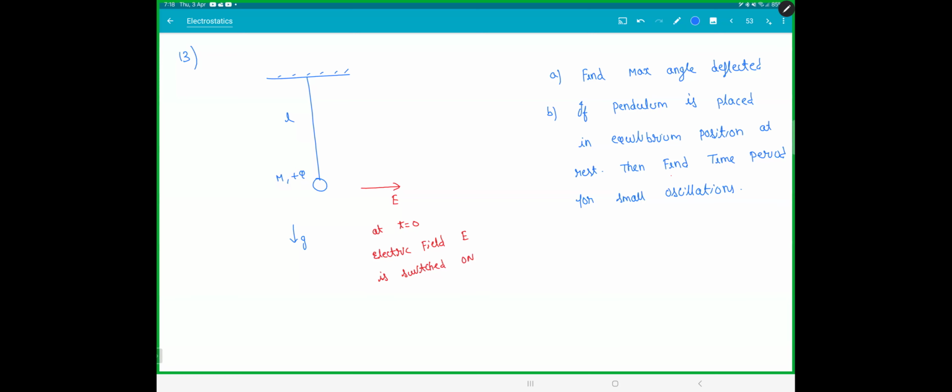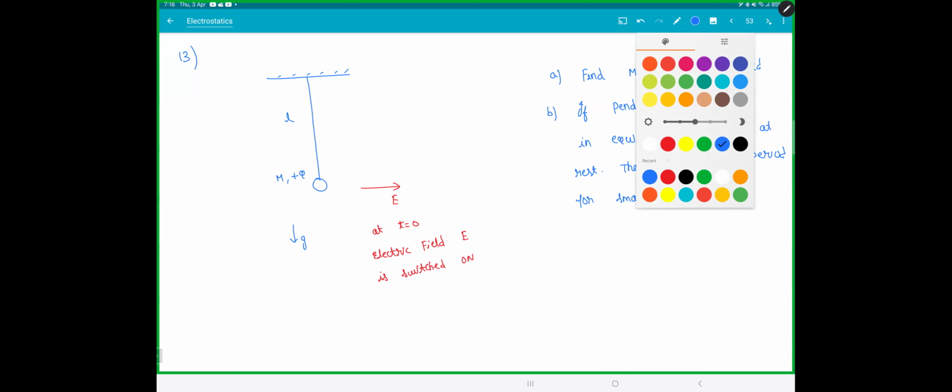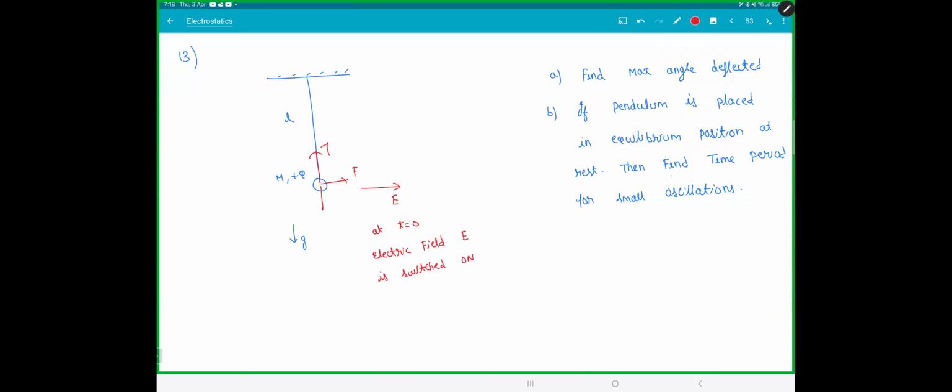Get the first one. See, horizontally what will happen here? This is tension, this is mg, this is eq, right? The forces are not balanced. This will start moving. Vertical position is not equilibrium. What is the first part?